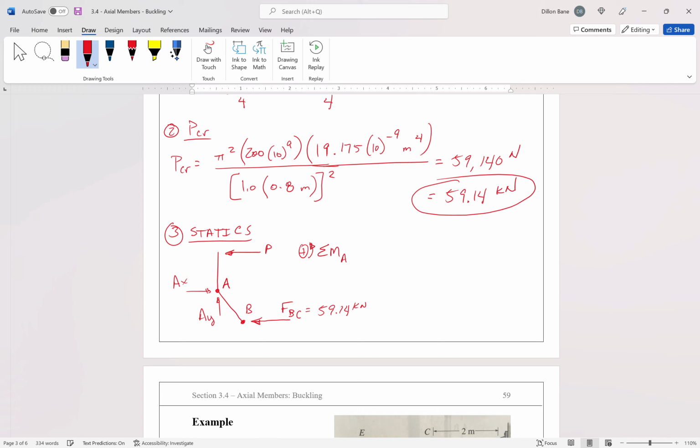What we'll get is a positive P times 350 millimeters, and then a negative 59.14 times that moment arm, which is 250 divided by square root 2, right? It's just cosine 45. And we're going to set that equal to 0.